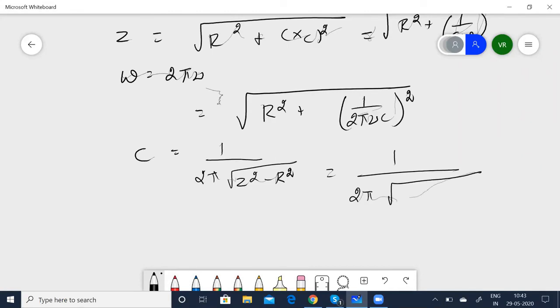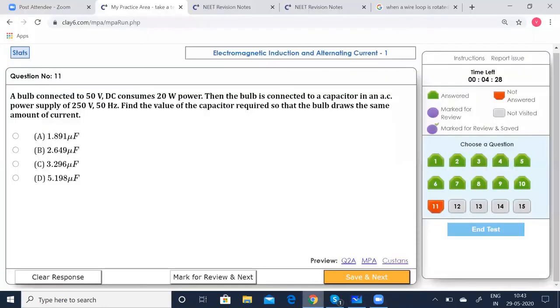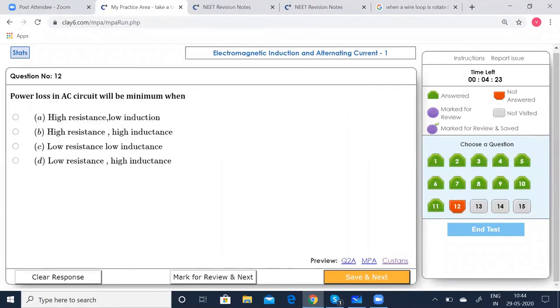We calculated to be 625, right? So 625 square minus 125 square, which is equal to 5.198 microfarad. Okay, 5.198 microfarad. Option D is correct. Select that, go to the next.